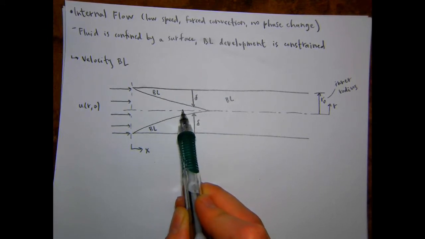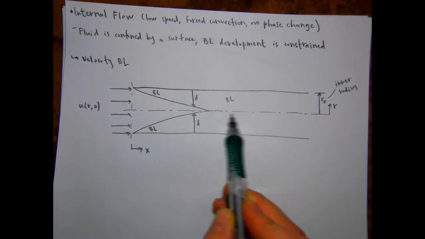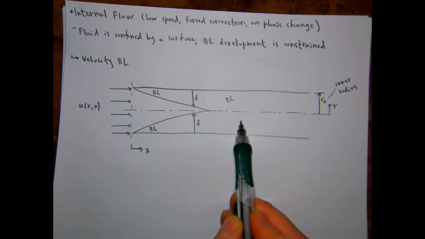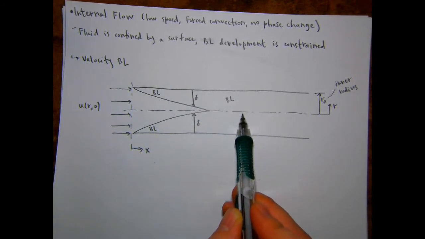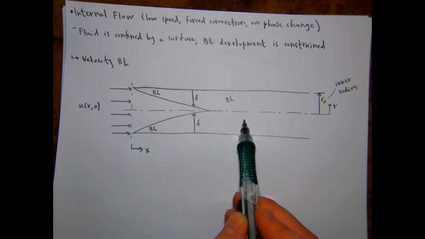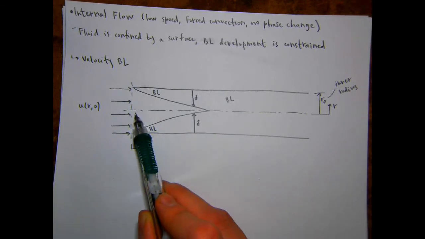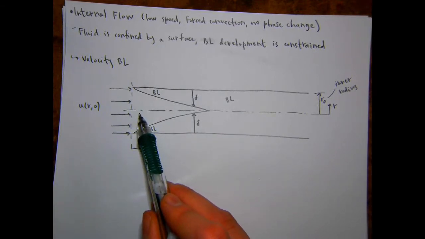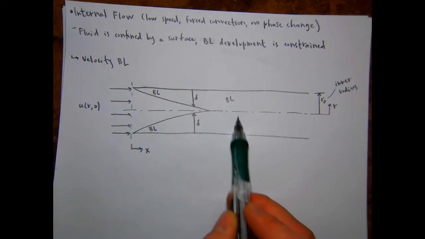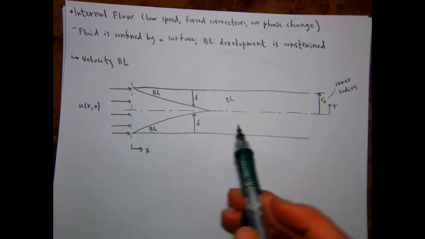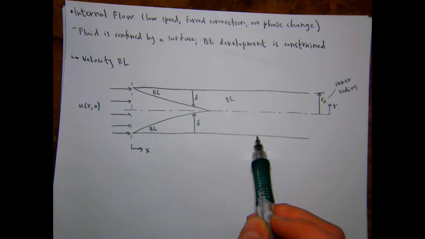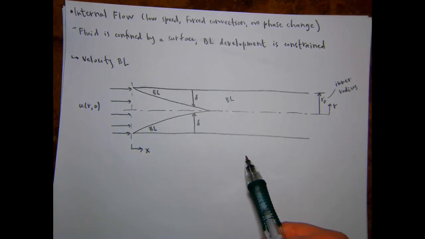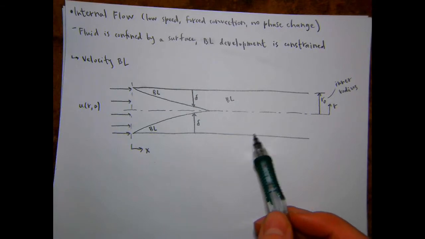But then once the boundary layers meet, all of the fluid here is now feeling the effects of the surface. So it has all been slowed down from its initial entry velocity. So now it's all slower than if the pipe wasn't there. So it's all affected by the presence of the surface. So you can think of it as one big boundary layer.